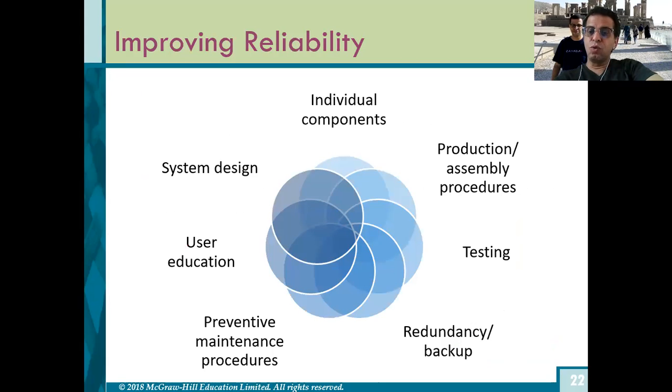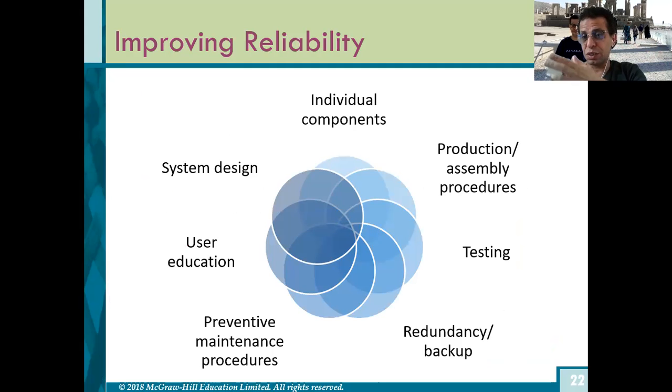You're always going to do some improvement in reliability. To do that, you need to take a look at the individual components, whether the production or assembly procedures are happening properly, and whether enough testing has been done on it. Redundancies and backup, if there is a good system design, or you need to redesign some part of it.